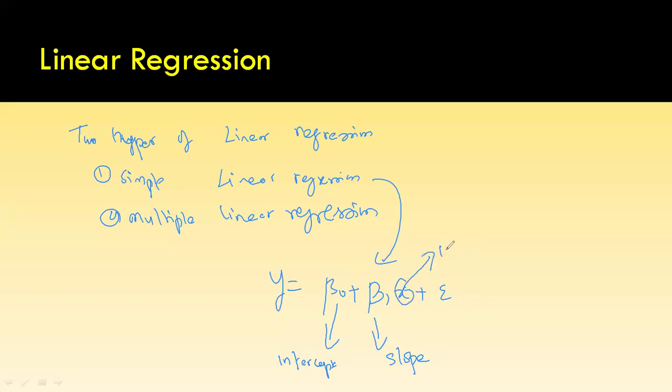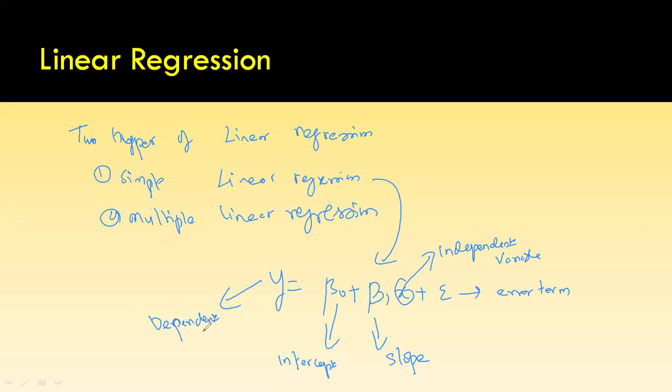X is my independent variable. And what is E? E is the error term. Okay, now we got clarity. What exactly is y? Y is my dependent variable.